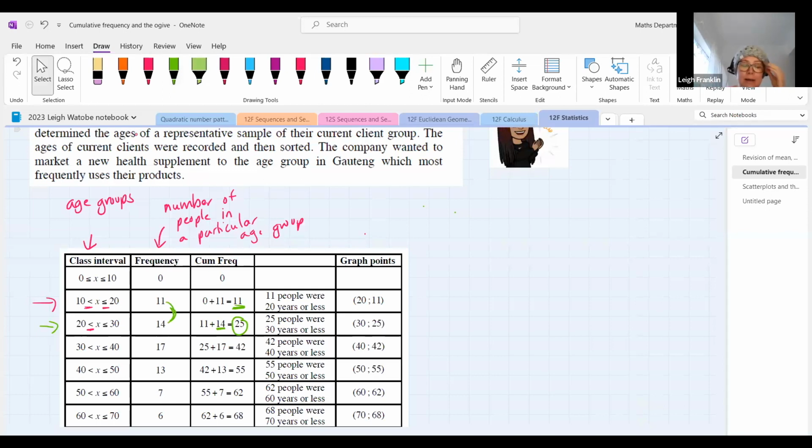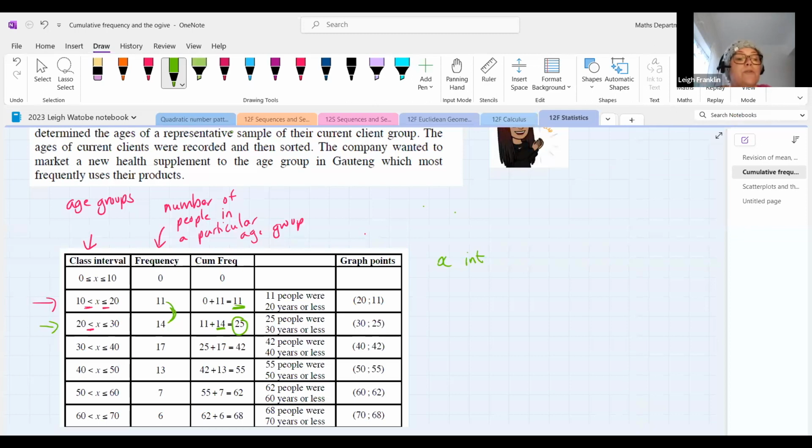Then we continue to add our cumulative frequency to the previous row's frequency in order to get a running total.